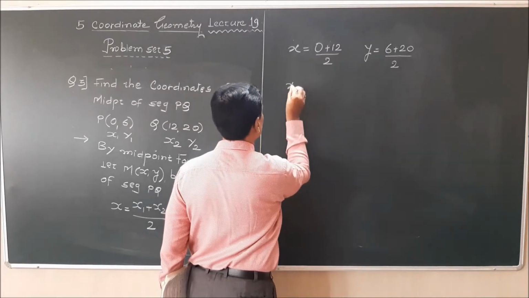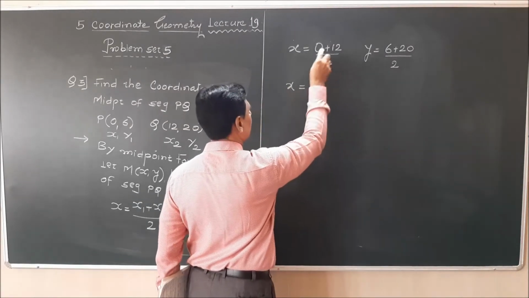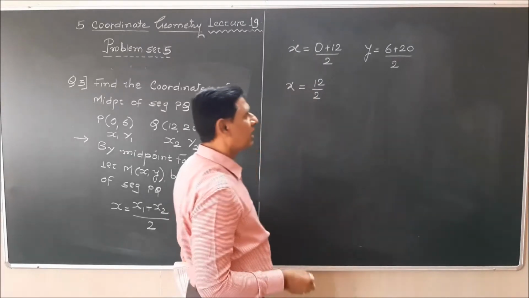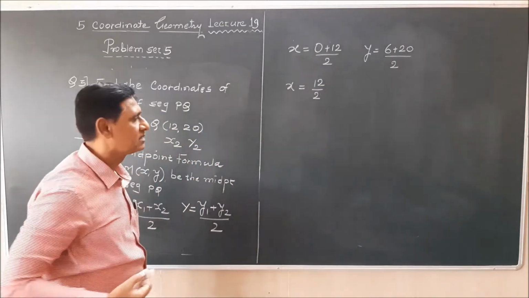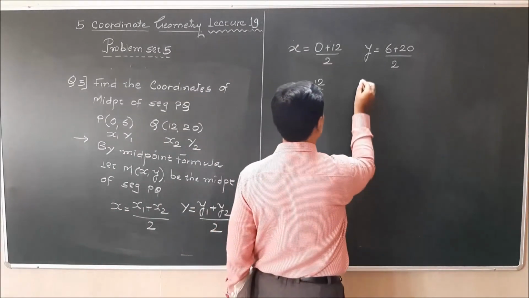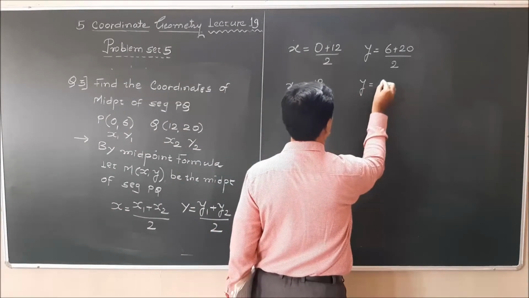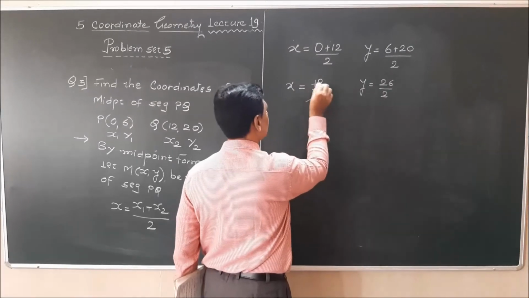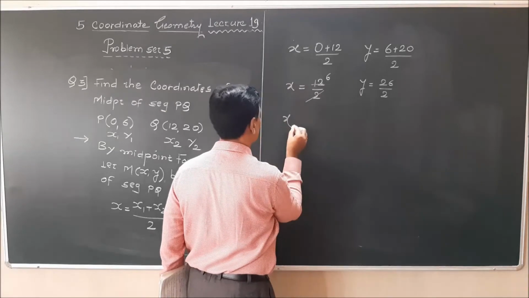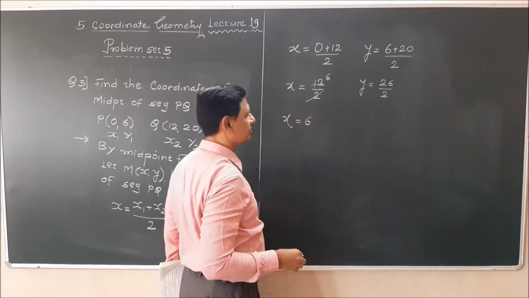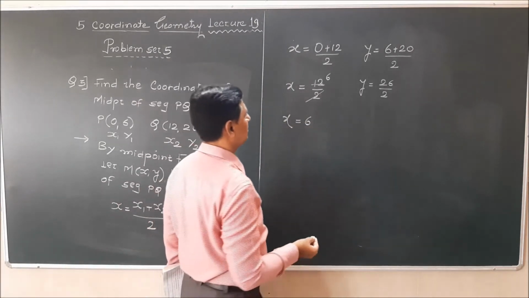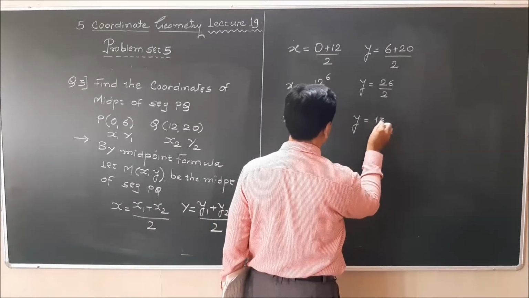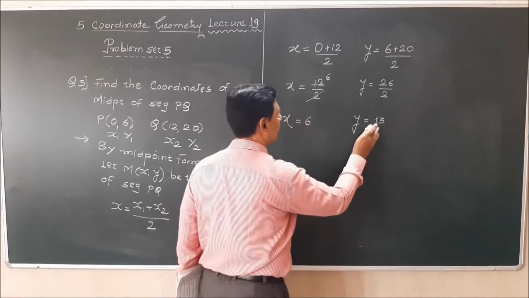So x is equal to, if you add 12 plus 0, of course, you will get 12 only. If you add 20 plus 6, you will get y as 26 upon 2. So 2 sixes are 12, x is equal to 6. And we all know, if we divide 26 by 2, we get 13.